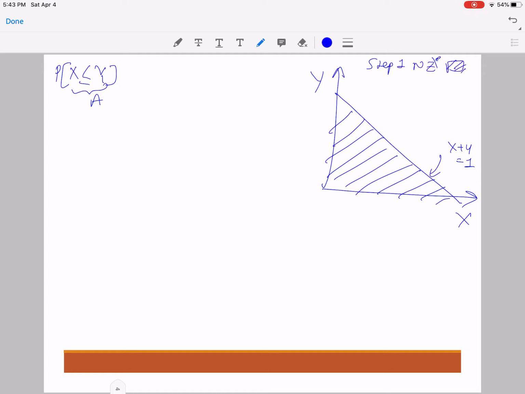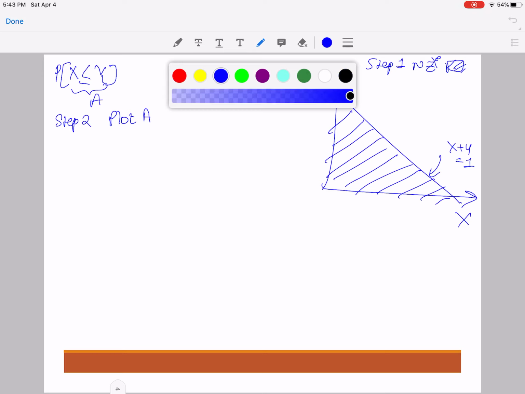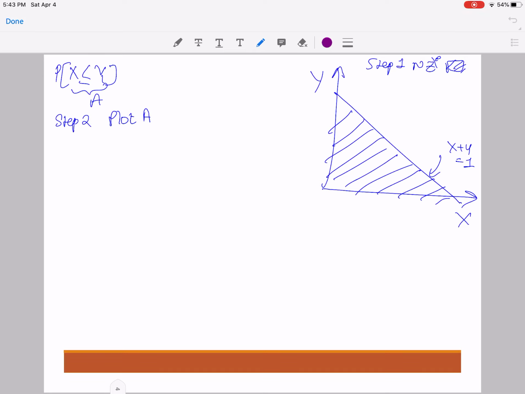We plotted NZ. Now step 2 is to plot A. So A is x less than or equal to y. In order to find this region, let's first plot the equality relationship, which is this line right here. So this line is x equal to y.